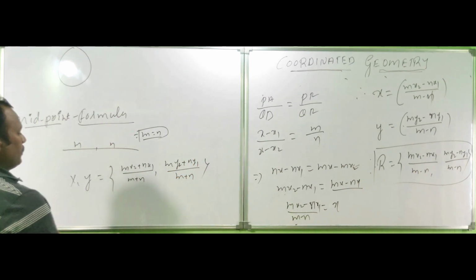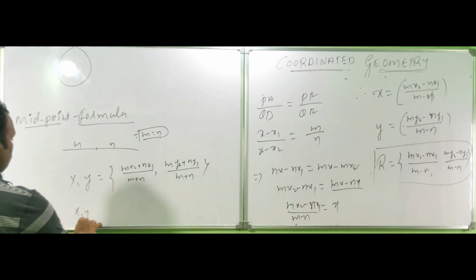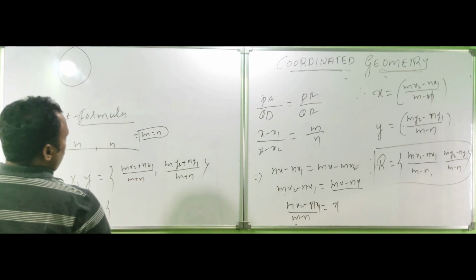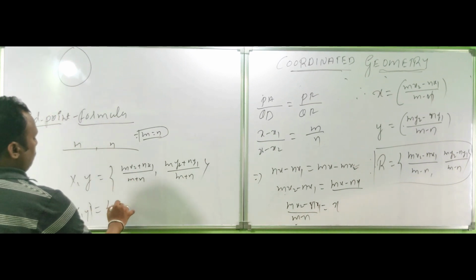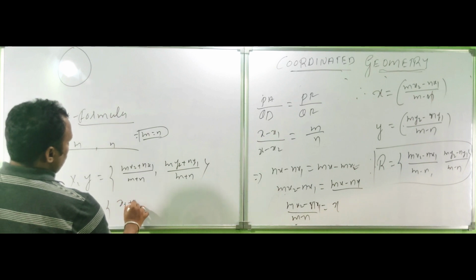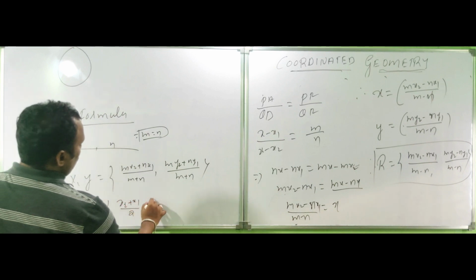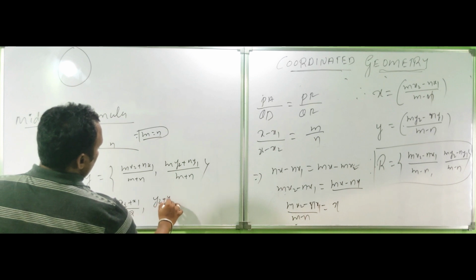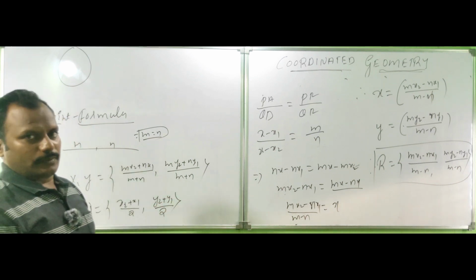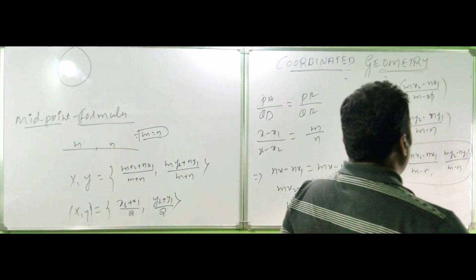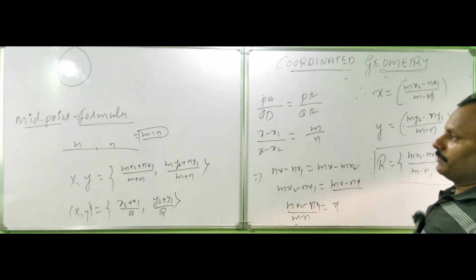But m is equal to n, so it becomes just x2 plus x1 divided by 2, and y2 plus y1 divided by 2, or x1 plus x2 divided by 2 and y1 plus y2 divided by 2. This is the midpoint formula.